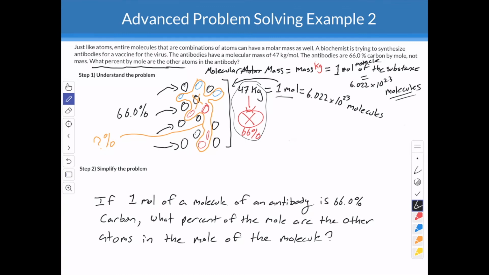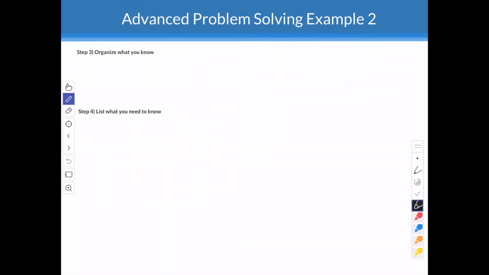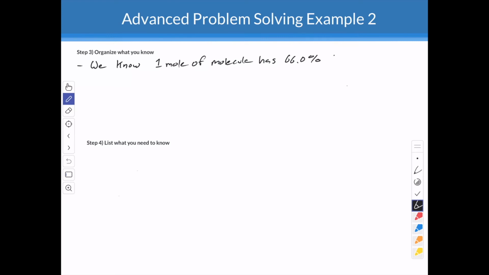Okay, let's go to our next step. We organize what we know. We know that 1 mole of the molecule has 66.0% carbon.